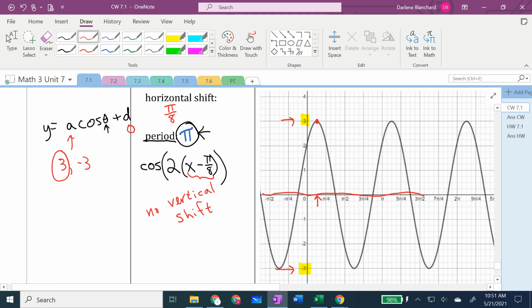But I could have decided to make my horizontal shift, and this is the tricky part with the trig functions, I could have chosen to make a horizontal shift left, but then I would have started at a low point, and that would have meant a negative 3.